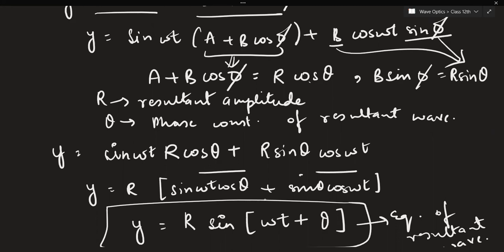Now, if we write R sine omega t cos theta plus R sine theta cos omega t, from here we can take R common. Now, when R, that is the resultant of the amplitudes, is taken common, we are left with sine omega t cos theta plus sine theta cos omega t, right?